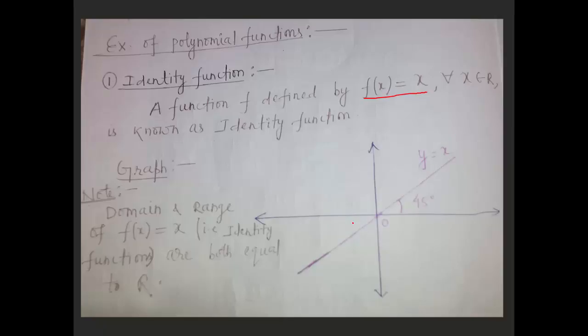For x = -1, you can find the value of y. x = -3.5, you can find the value of y. That means for entire real numbers you can find the values of y. So the domain is the entire real numbers, and similarly range is also the entire real numbers. What is range? Range is for what values of y you can find the value of x. So for entire real numbers you can find the value of x.